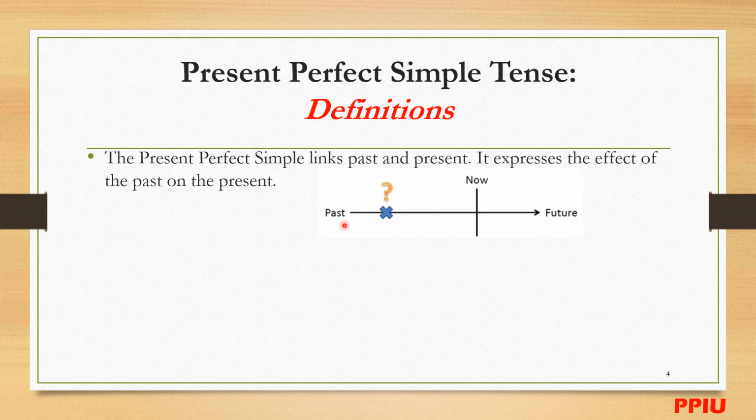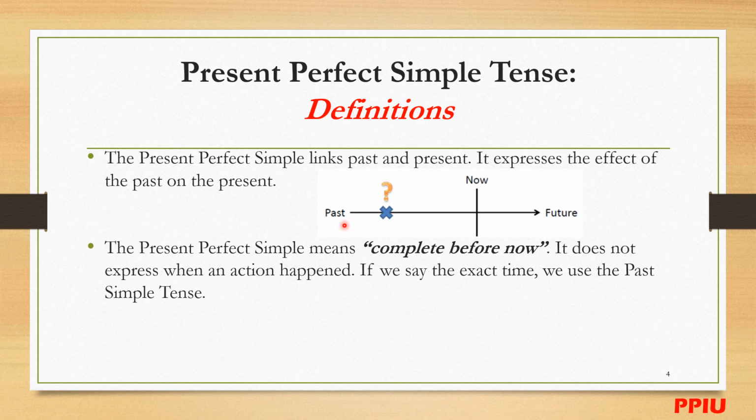The other part: the present perfect simple means complete before now. It happened from the past and might be completed or finished sometime before the present. It does not express when an action happened; it does not tell us when it happened.